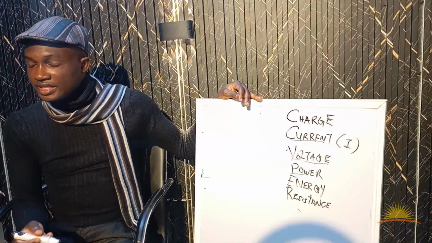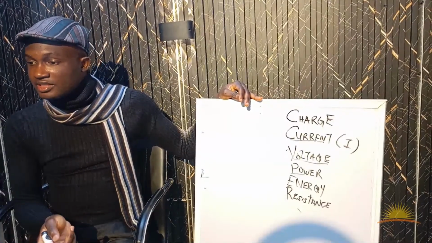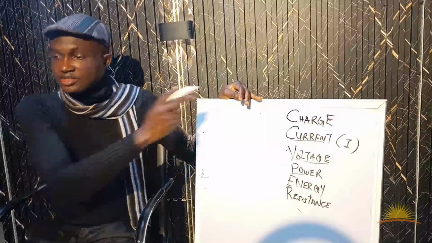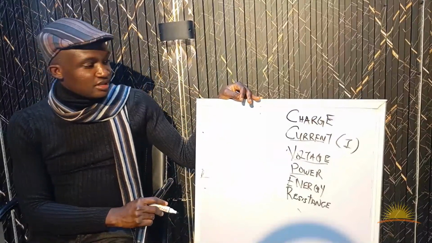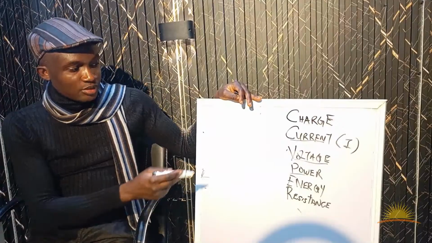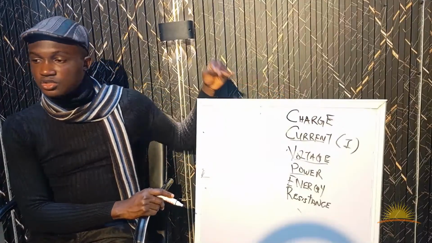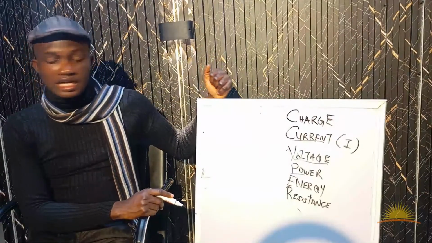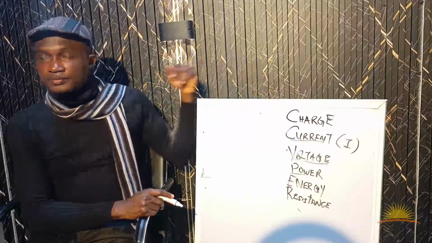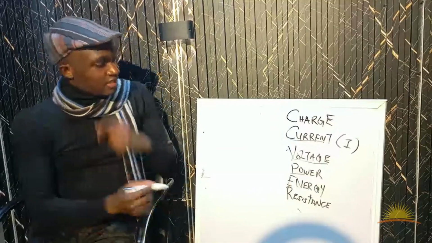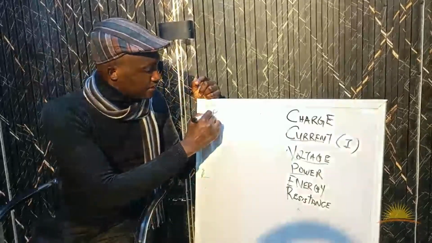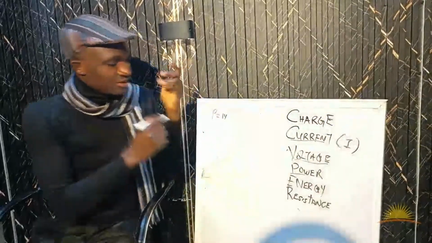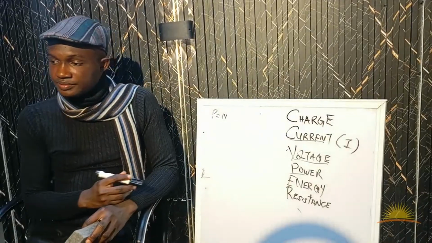The same way you measure speed for traveling, the speed of charge is current. Voltage, we have talked about what voltage is, and we have related it to Ohm's law, V equals IR. Power: we've written that power is P equals IV, the multiplication of current and voltage.